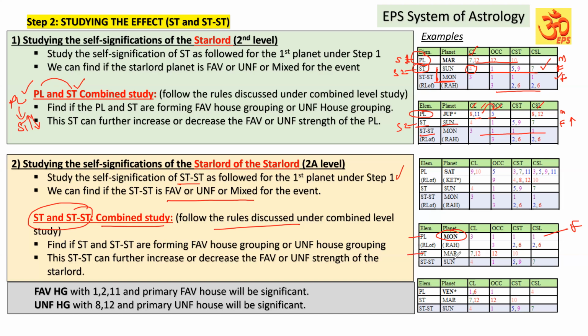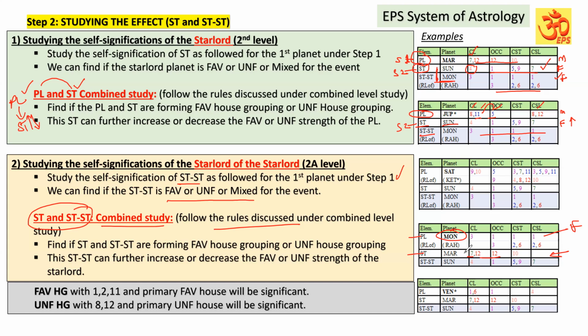Second step, if you take Starlord, Starlord is having mixed 7, 12, 12, and 10 on the unfavorable side, on the higher side. Now, Starlord of the Starlord, it is having 4, 1, 5, 9, and 7. It means the Starlord is unfavorable.